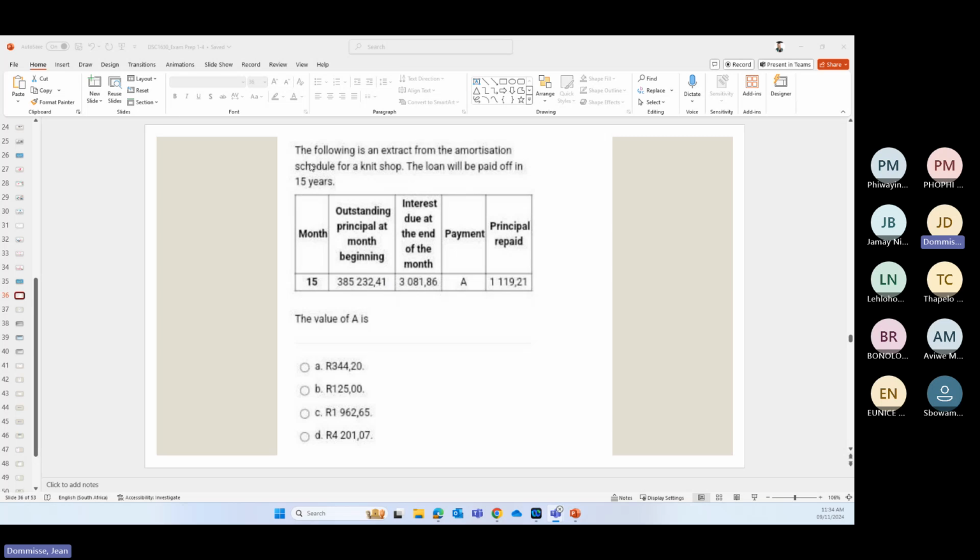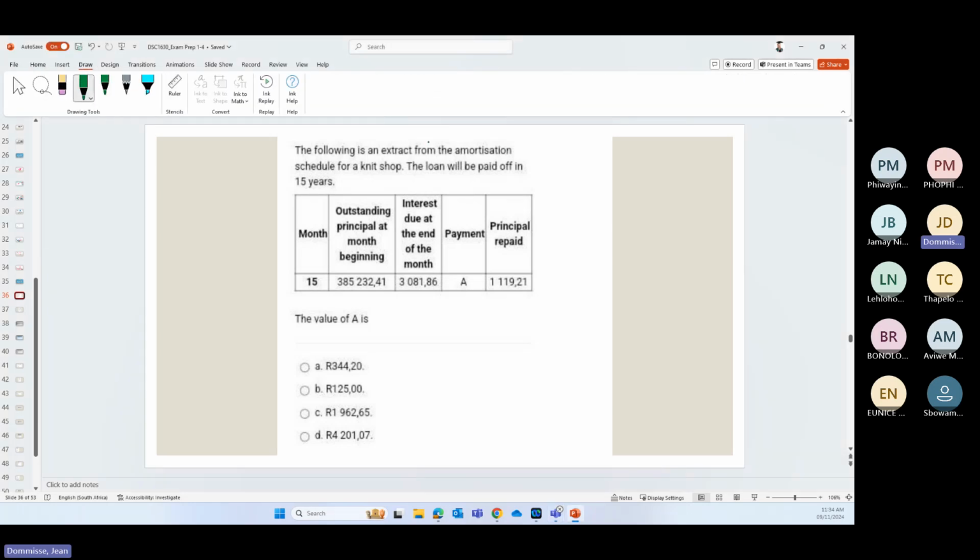Here they say the following is an extraction from an amortization schedule for a knitting shop. The loan will be paid off in 15 years. A lot of information that they give us there, but then they ask us just the question of, calculate the value of that payment.